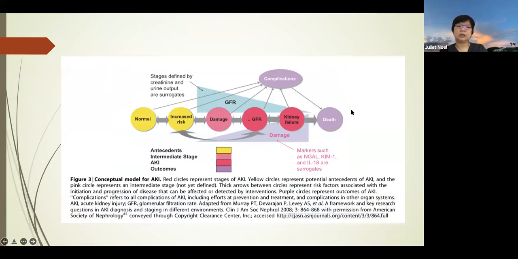So what happens in AKI? Initially it's normal, then you would have an increased risk, such as in the elderly. Then there's damage, then decreased GFR, and some would have kidney failure.